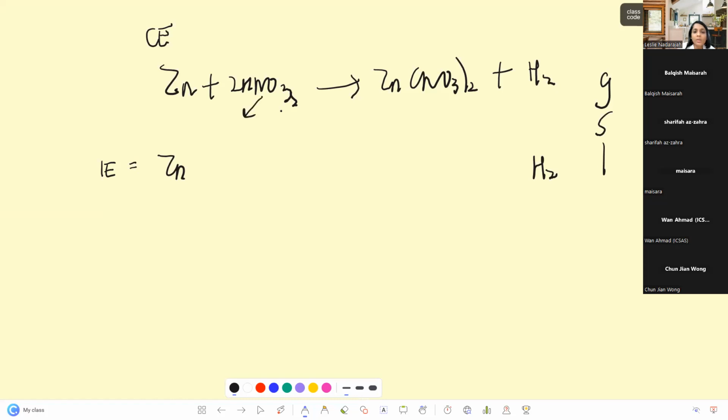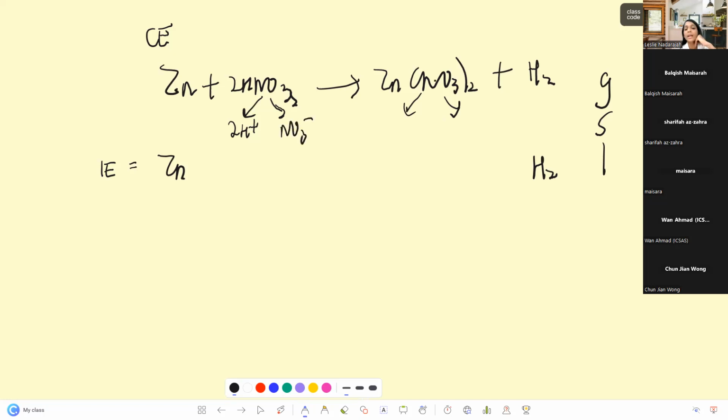Okay, this is an aqueous solution. If teacher breaks them up, what do I get? Teacher get here 2H+. The other side, what do I get? Teacher won't give the answer because I don't want you to wait for my answer. Okay, correct. I'll get NO3-. Good job.